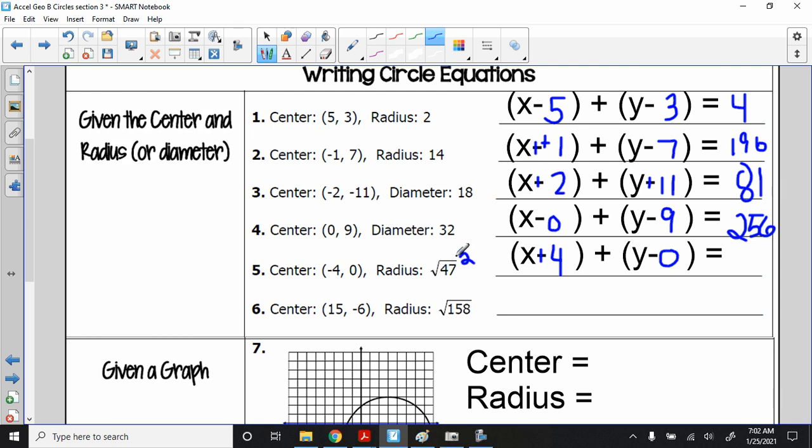They undo each other. So now what's left is a 47. Just like this one, I'll have x minus 15 plus y plus 6. And then square the radius of square root of 158. They cancel out, so you'd have a 158 out here.